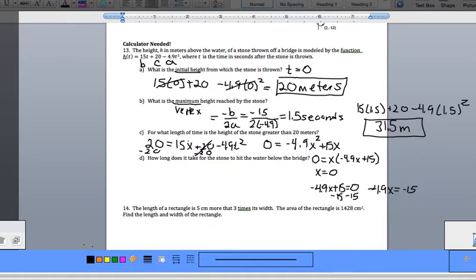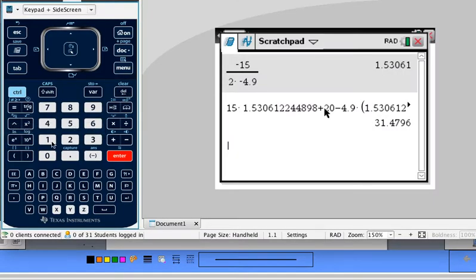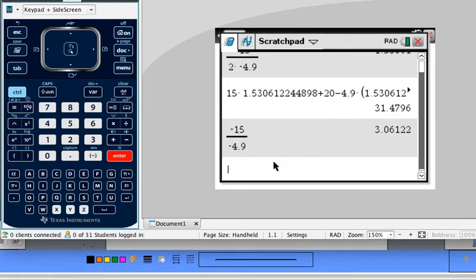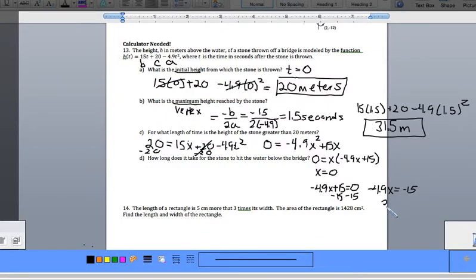So negative 15 divided by negative 4.9. So we get 3.06. So here are our two times. So to find the total, it starts at 20 and it falls back at 3.06. So 3.06 seconds minus 0 is 3.06 seconds.